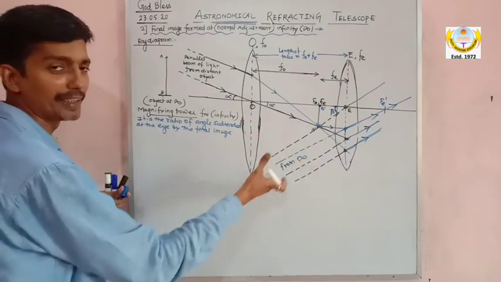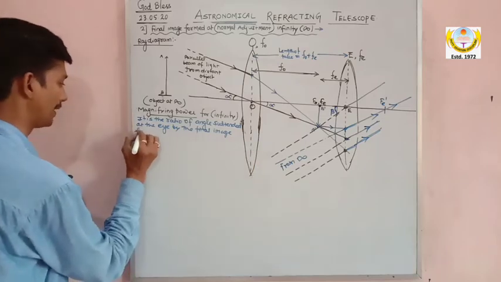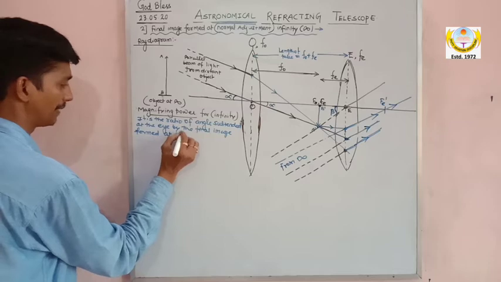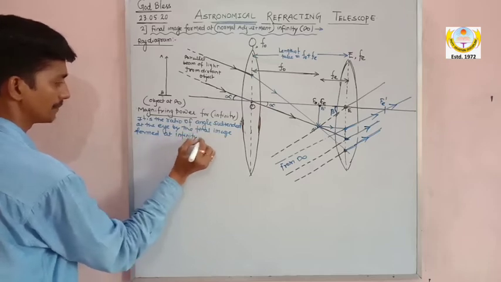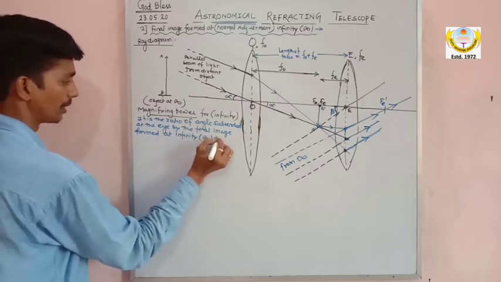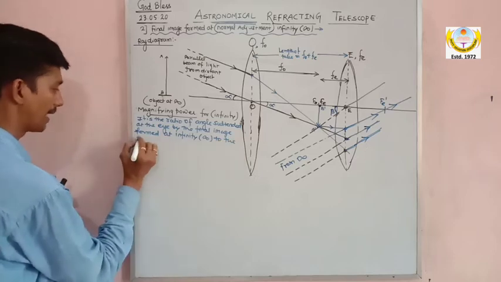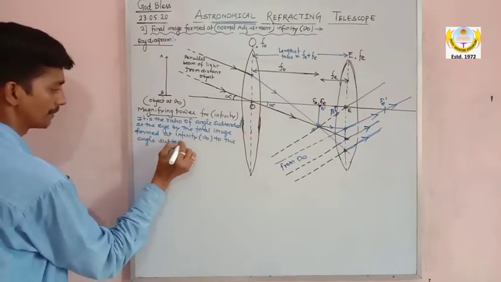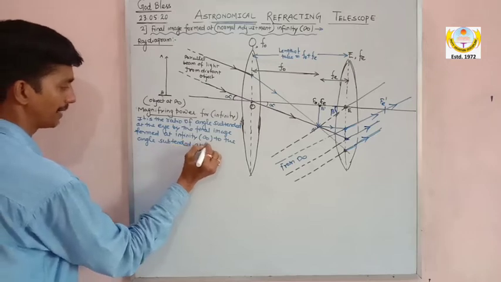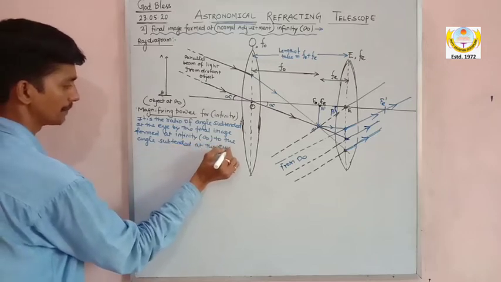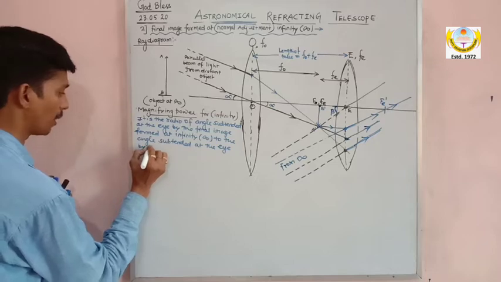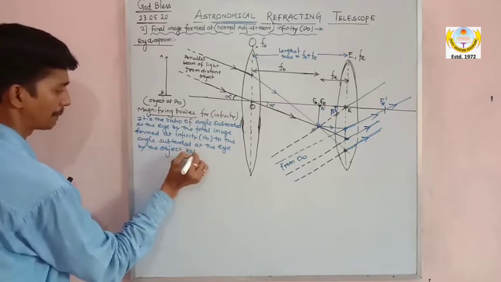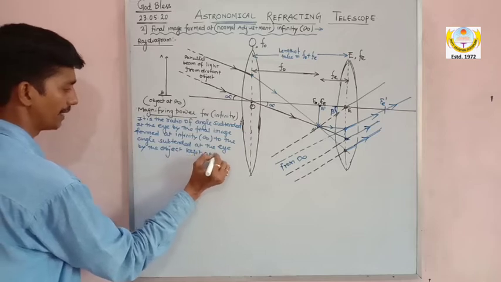Simple, final image formed at infinity, to the angle subtended at the eye by the object kept at infinity.